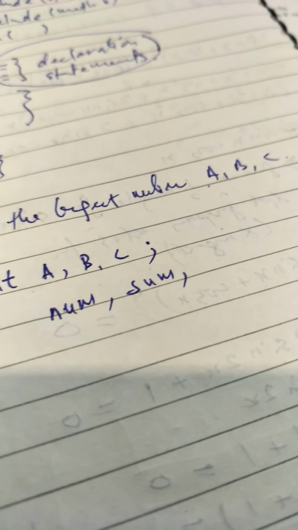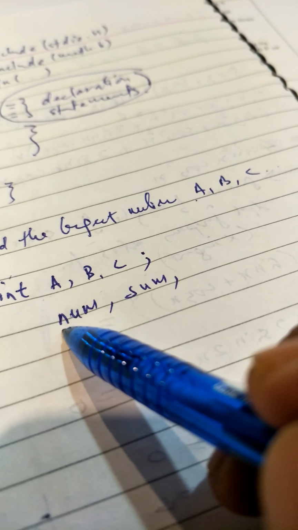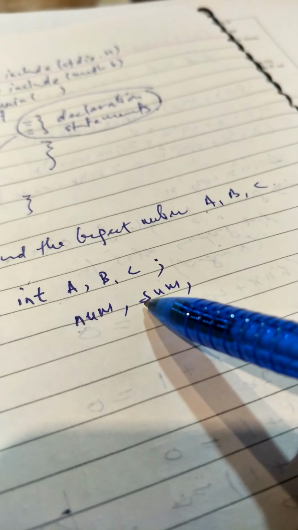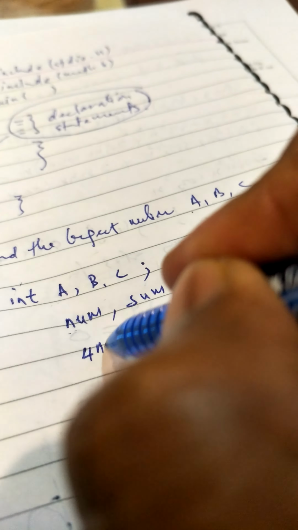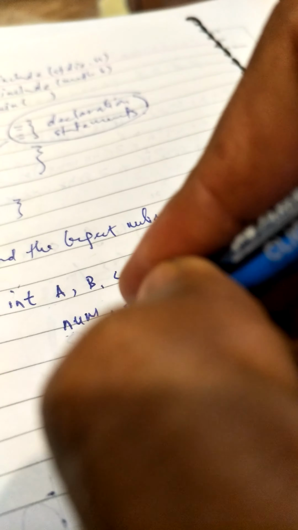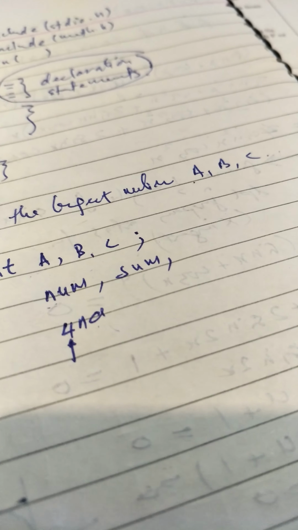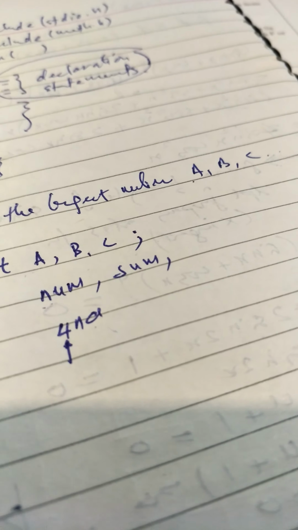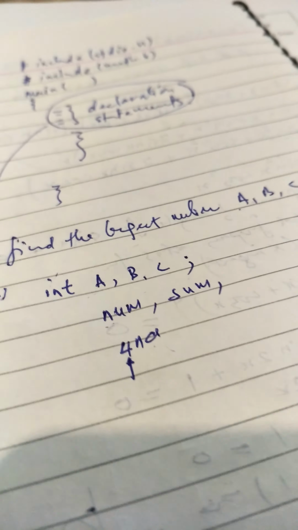You just name it: alpha, beta, and so on. But it must begin with letters. You cannot begin with, for example, 4na. This is not a variable, because if you put a number first, C cannot recognize this as a variable. So when you compile, it will give you an error.